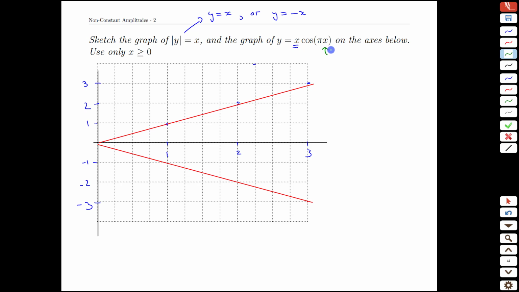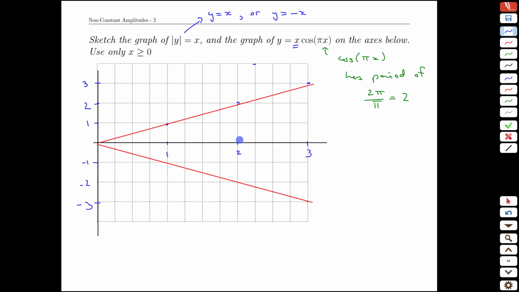The other issue we have to take note of is that cos of pi x by itself has a period of 2 pi over the multiplier because it's compressed, and so a period of 2.